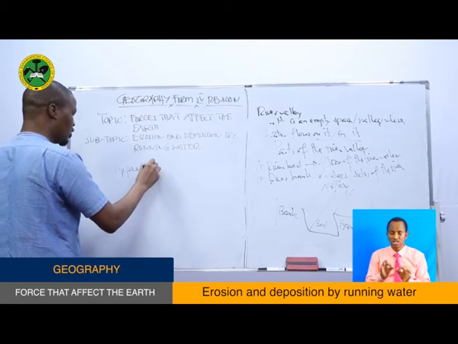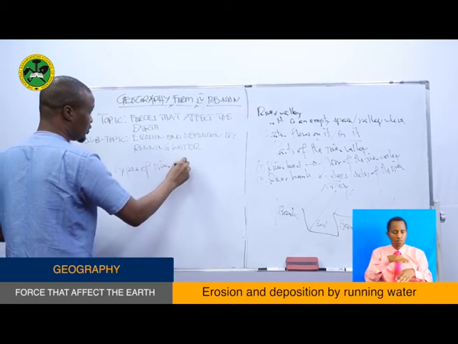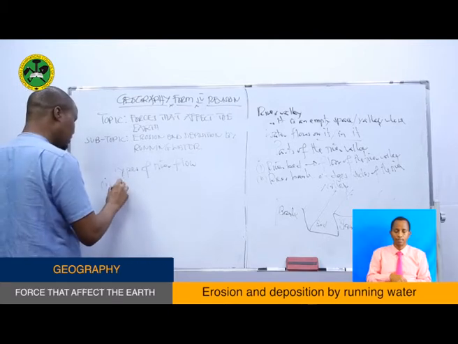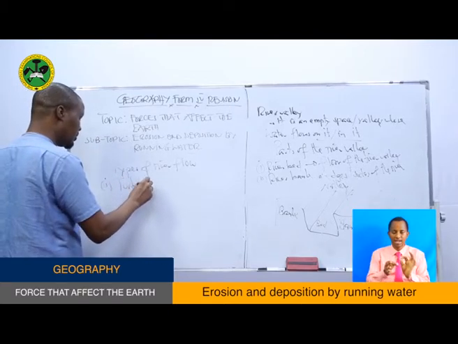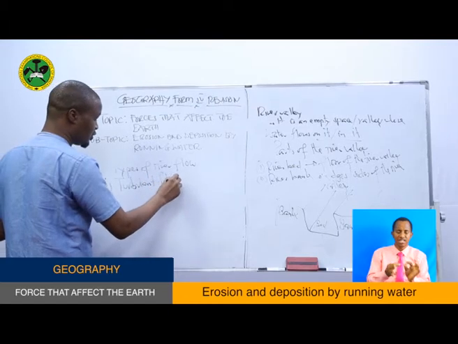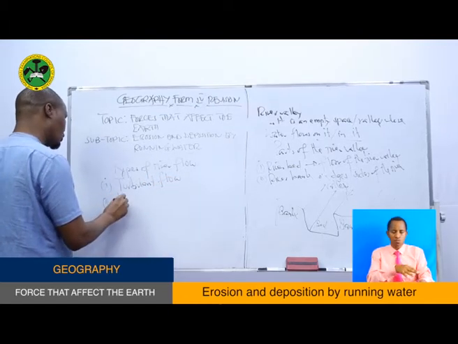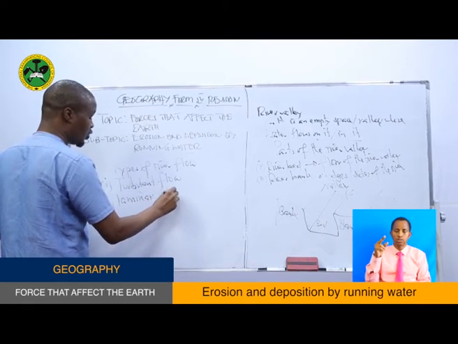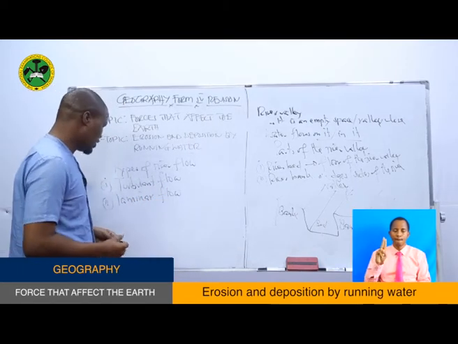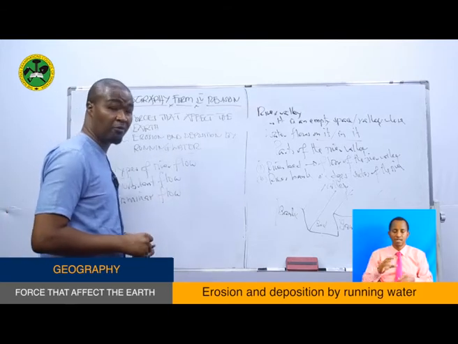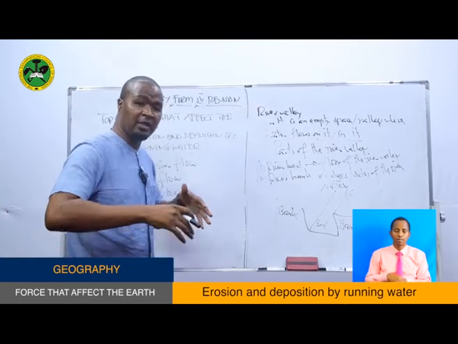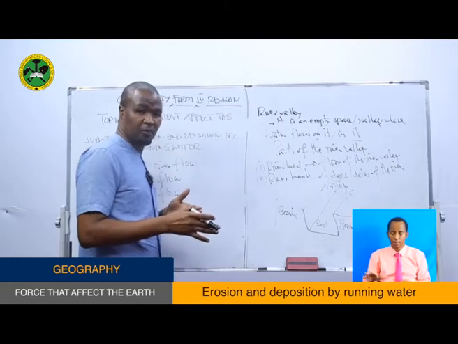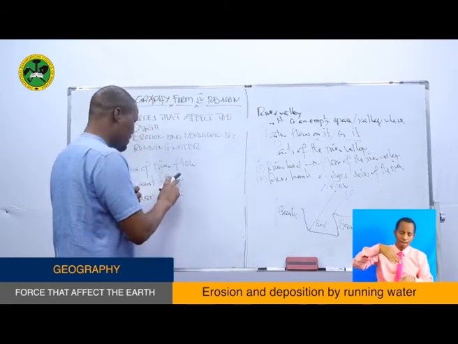Types of river flow. We have the main types: the turbulent flow as well as the laminar flow. So what are these? Turbulent flow refers to the type of river flow which occurs when water in a river valley is flowing on a rough riverbed.